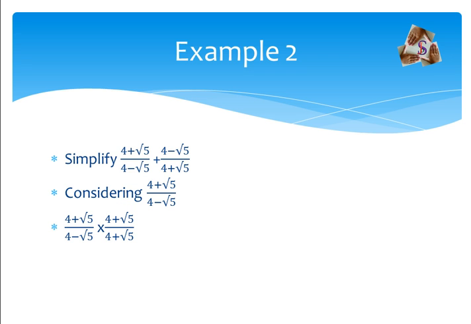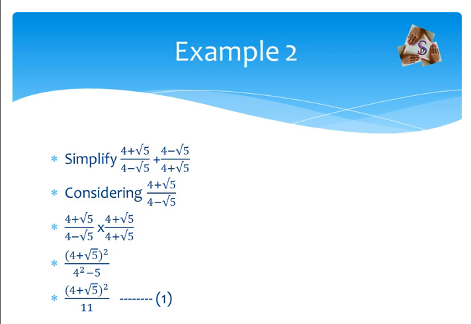So I get it as 4 plus root 5 into 4 plus root 5 divided by 4 minus root 5 into 4 plus root 5. That is 4 plus root 5 whole square by 4 square minus 5. That is 4 plus root 5 whole square by 11. So this I consider it as equation 1.